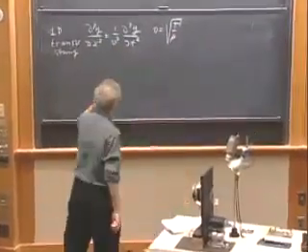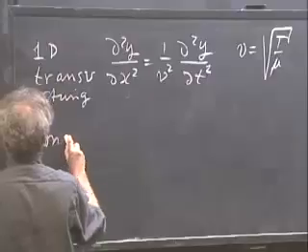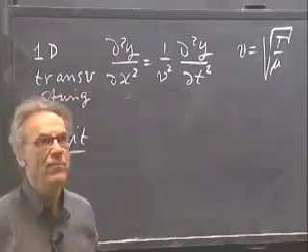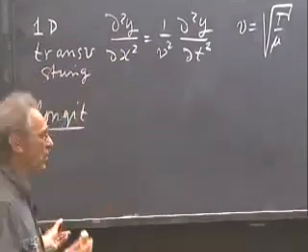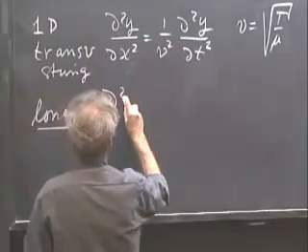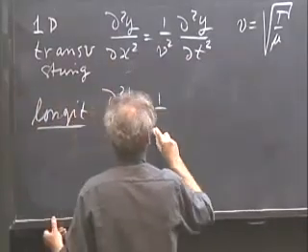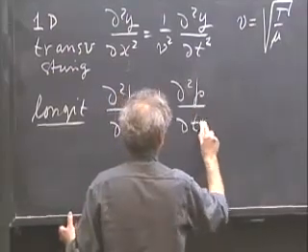We also examined longitudinal motion, again 1D. Sound is a longitudinal wave. And if you deal with pressure, you think of sound as being a pressure wave, then you get d2P/dx squared equals 1 over v squared times d2P/dt squared.